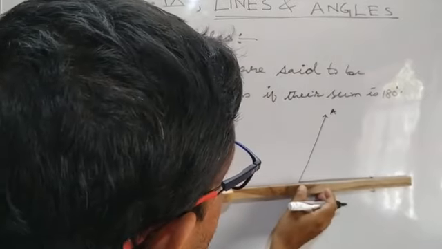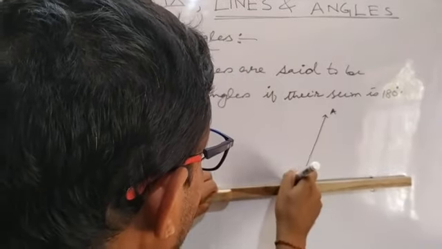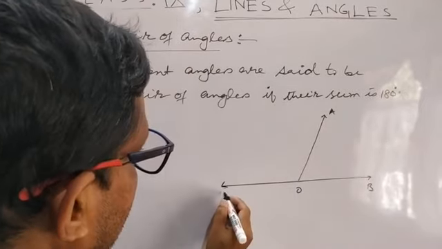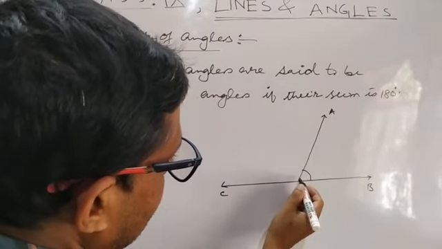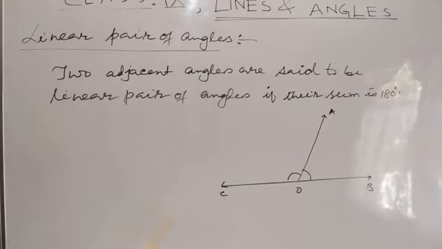This ray OB is to be extended in the opposite direction to get a ray OC, so that angle AOB plus angle AOC becomes 180 degrees, because angle BOC will be 180 degrees. That is why these two angles are said to be a linear pair of angles.